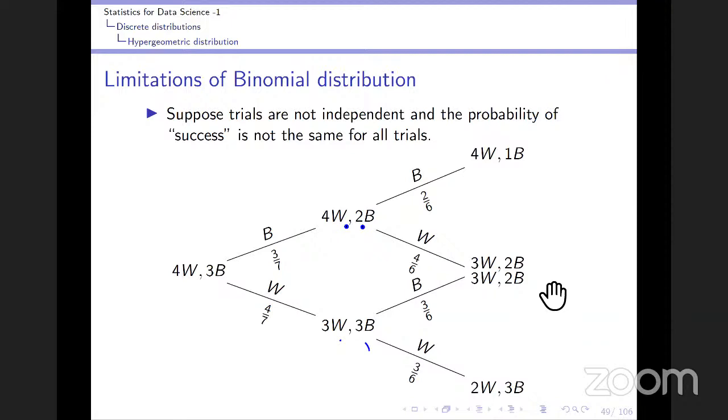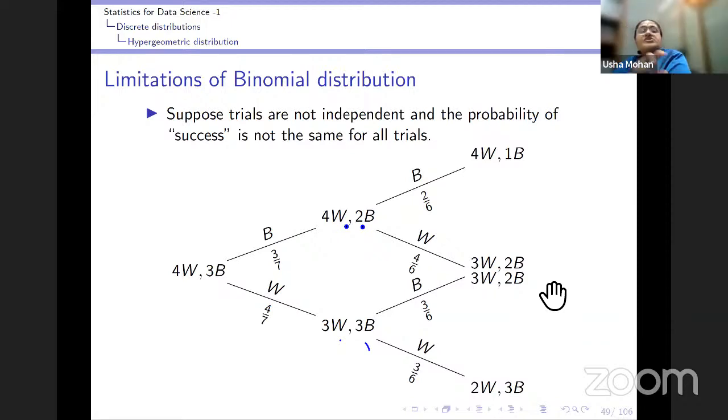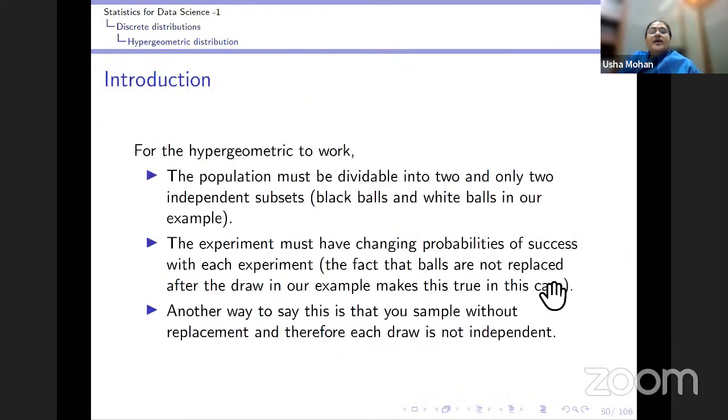Yes, ma'am. Okay, so this is where we introduce what is called a hypergeometric distribution. When I want the hypergeometric distribution to work, I need the population to be divided into 2 subsets.